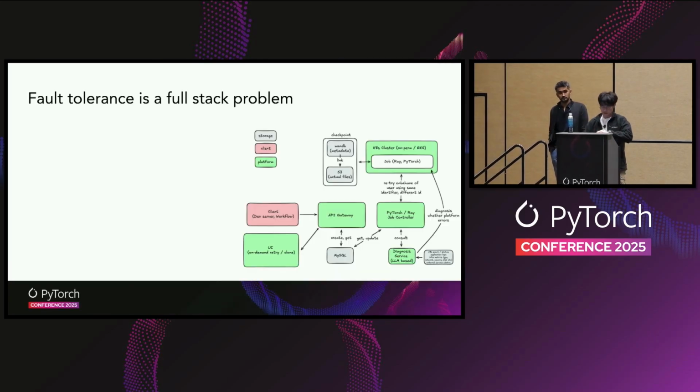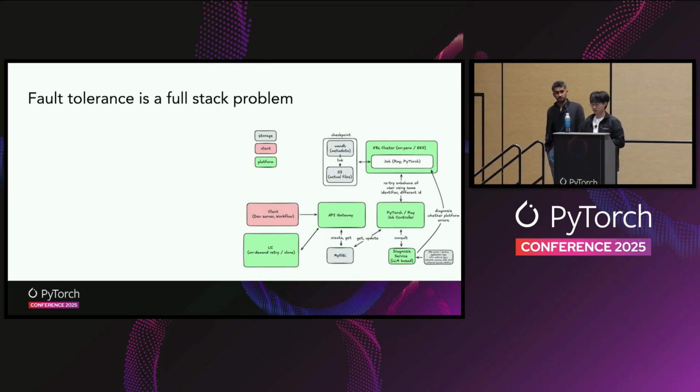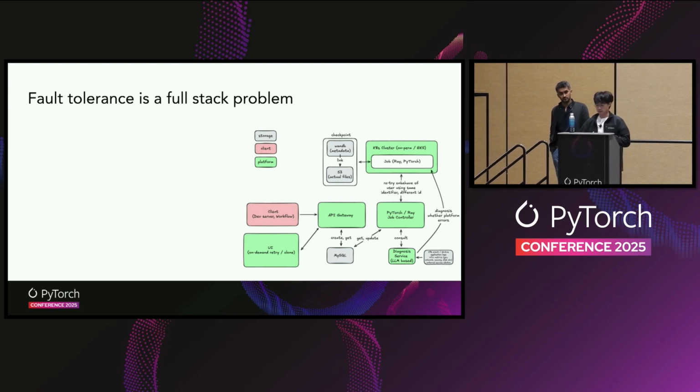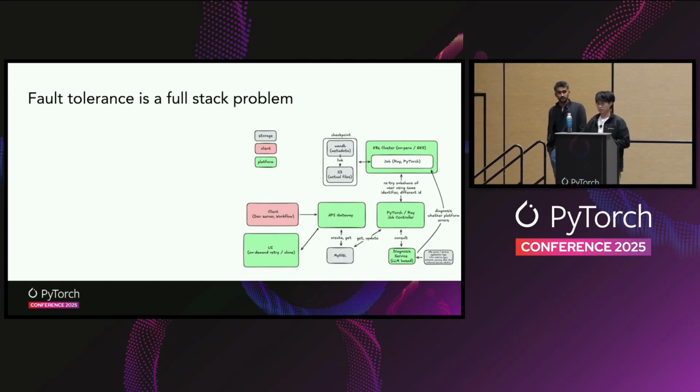Cool. And along the way, we learned that fault tolerance isn't just a library or a feature provided at the runtime level. It's an end-to-end experience for users, spanning configurations, training loop, checkpoint management, and seamless resume from either the UI or workflow systems.